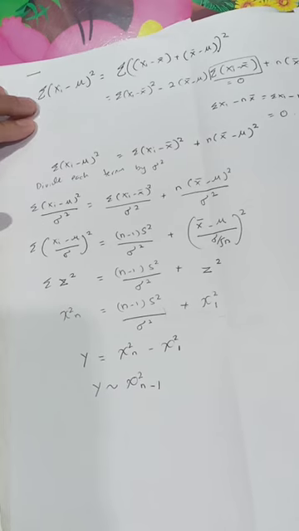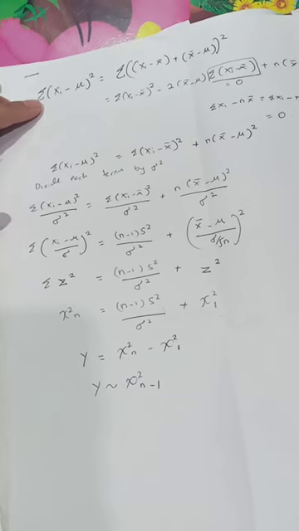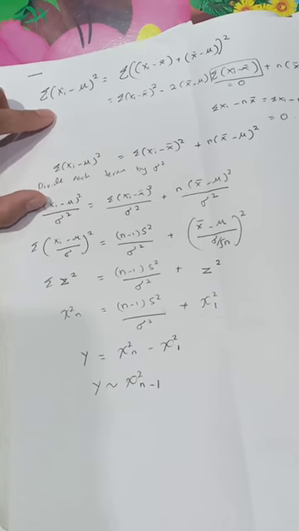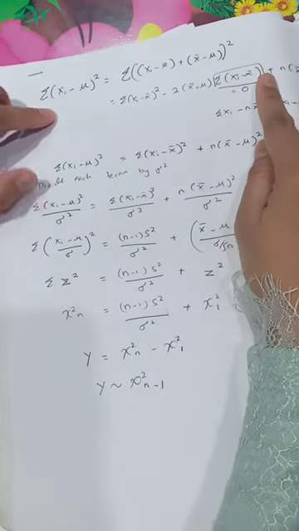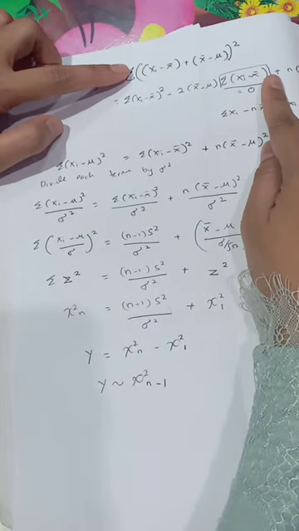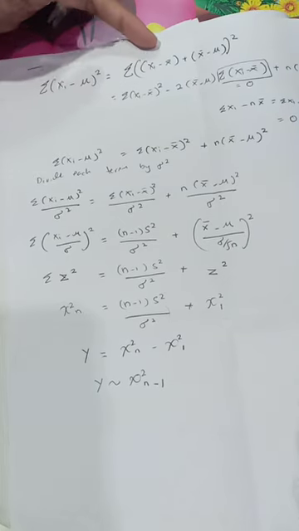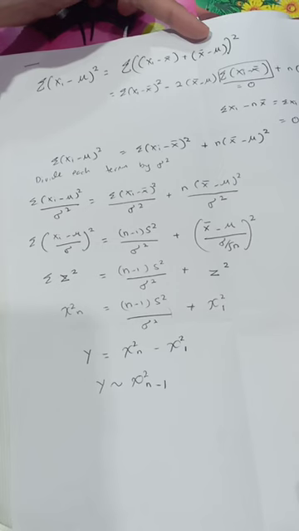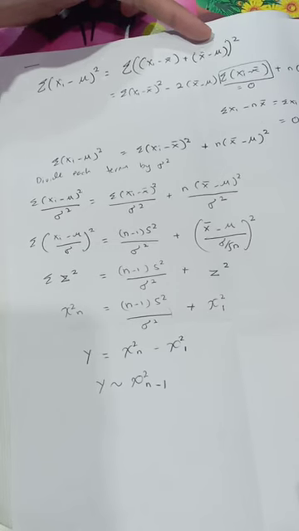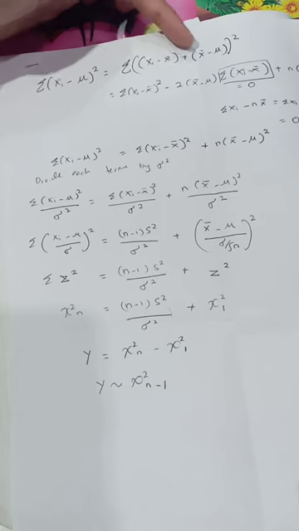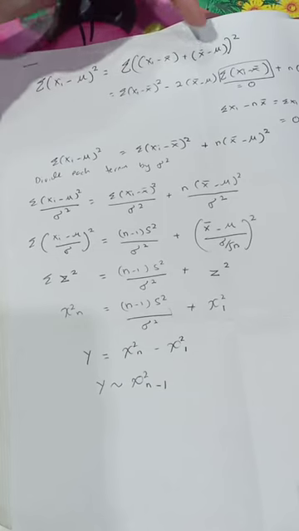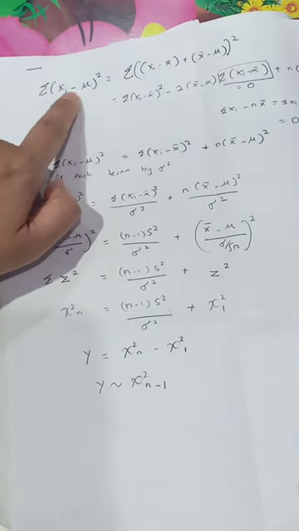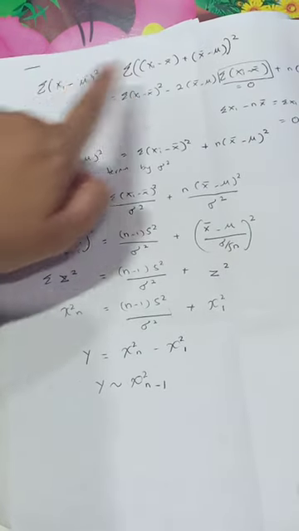So you should start with the summation of (xi minus mu) square. The summation of (xi minus mu) square will be the summation of (xi minus x bar) plus (x bar minus mu), plus minus x bar, so you will get xi minus mu. This part will be the summation, then square.